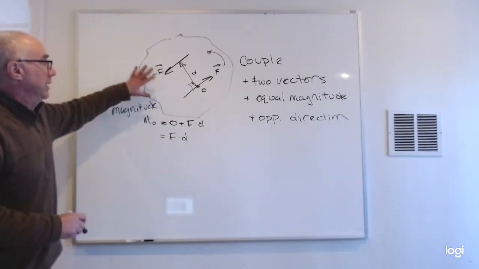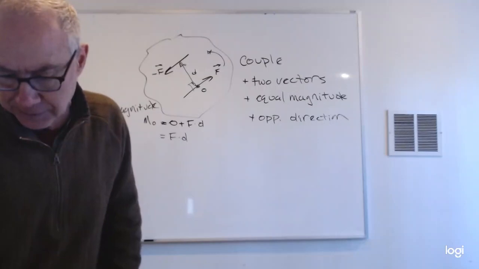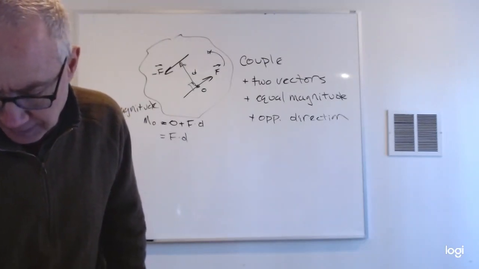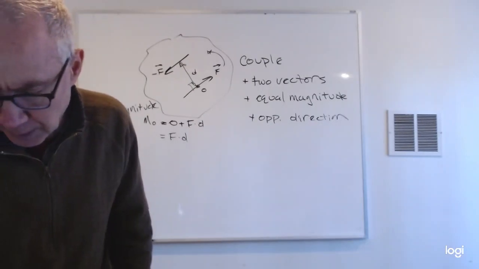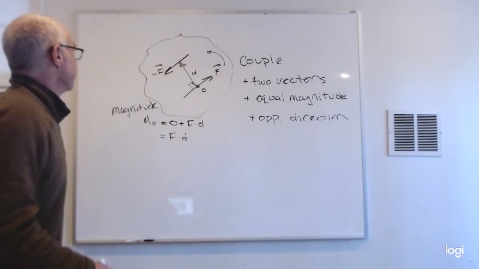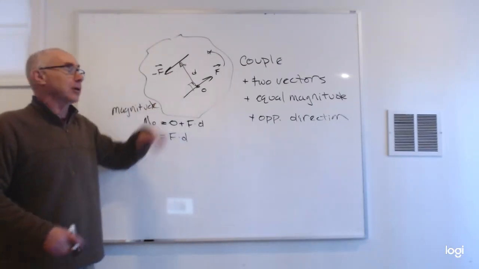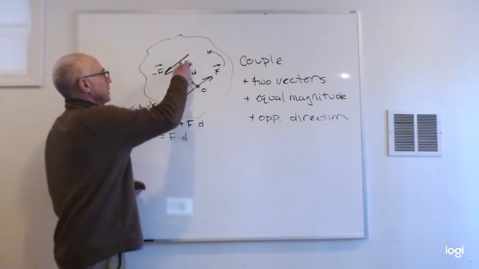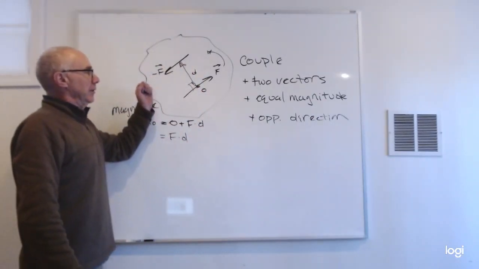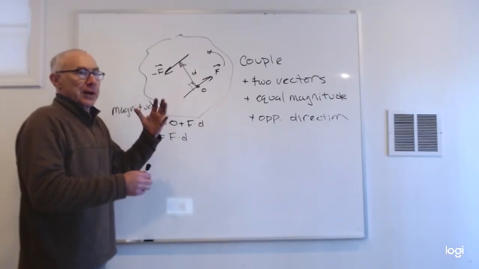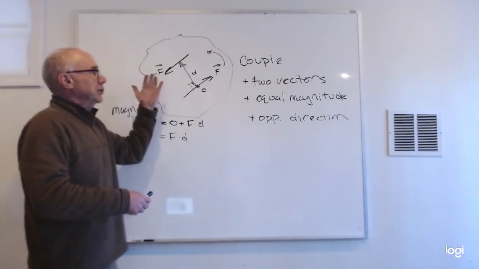So that's kind of in planar space. We can do kind of a general result. And I'm going to draw this a little differently. One more thing I wanted to point out about a couple, which is because the forces are in the opposite direction, there's no net force. In other words, if you add up the two vectors, the net force is essentially 0.